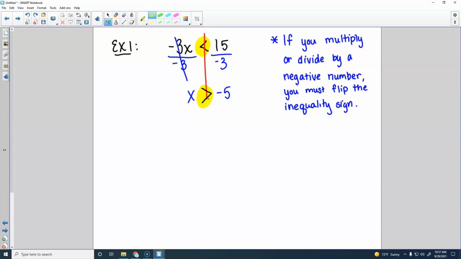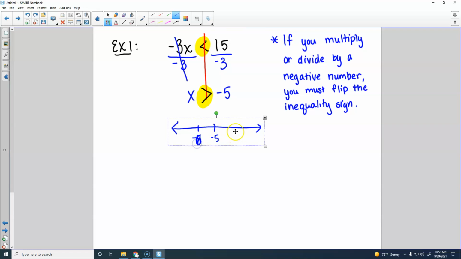You only do this if you're dividing or multiplying by a negative. And most of the time it's going to be dividing. There's not too many problems where we have to multiply by a negative, but it does happen occasionally. So if you divide by a negative, you have to make sure to flip the sign. So if we graphed our answers here, negative 5, negative 4, oh, that's negative 6.